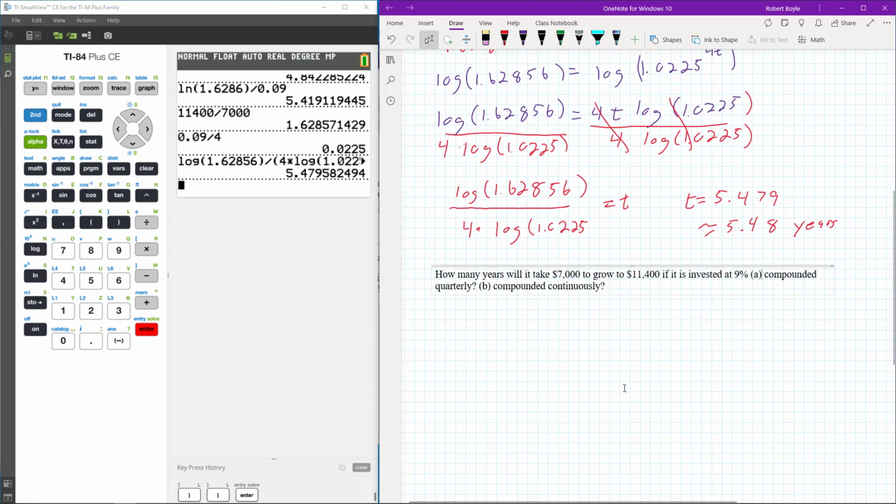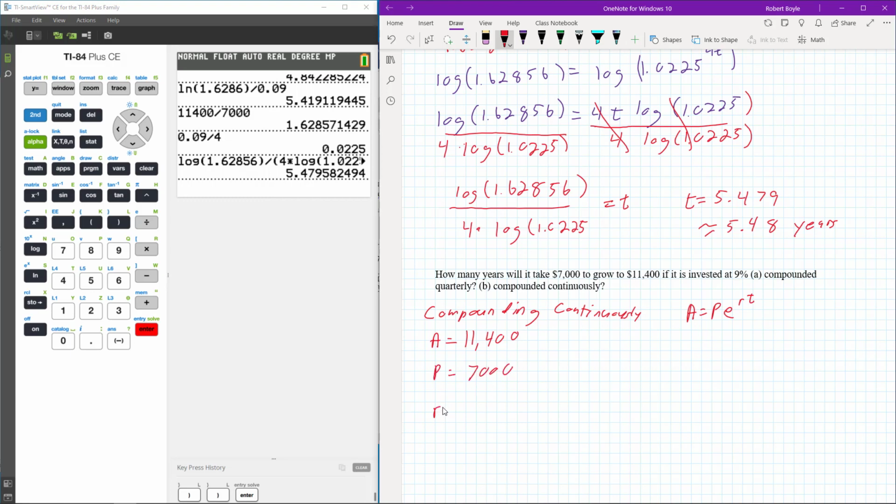Okay, what about the second part where we're compounding continuously? Well, if you see the two words compounding continuously, then the equation that needs to come to mind is this: A is equal to P times e to the rt. And once again, we know what A is. A is $11,400. We know what P is. P is $7,000.